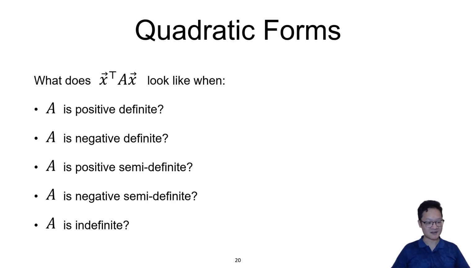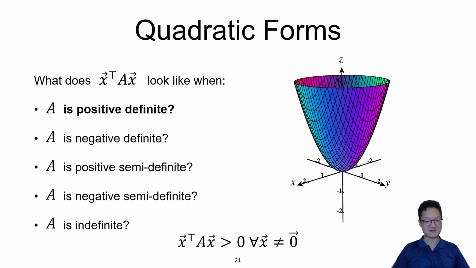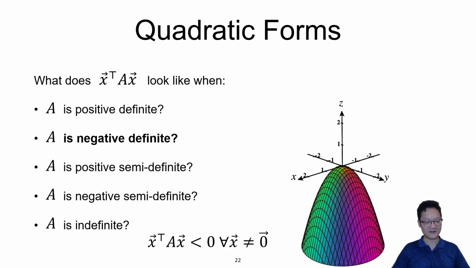So again, this is the quadratic form, x transpose Ax, the variable is x and A is given. We looked at the different appearances. For example, when A is positive definite, x transpose Ax would look like an upward opening bowl. If A is negative definite, then the quadratic form opens downwards.